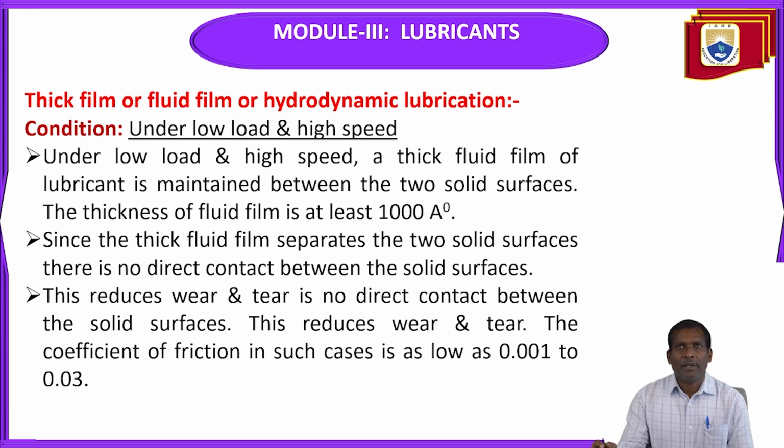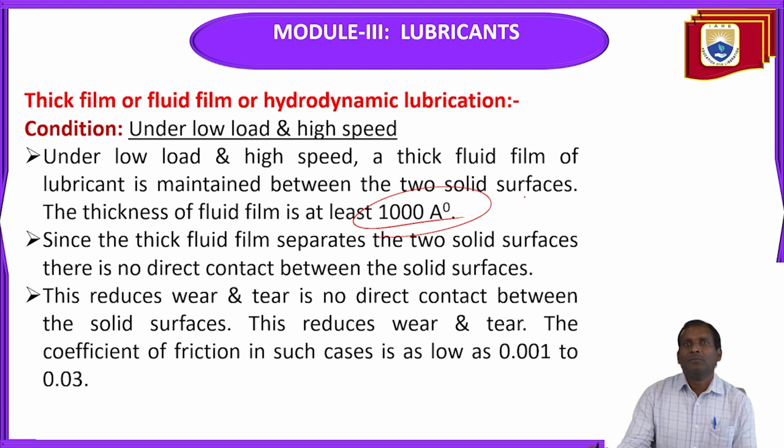Under low load and high speed, a thick fluid film of lubricant is maintained between the two solid surfaces. The thickness of the fluid film is at least 1000 angstroms, as given here.